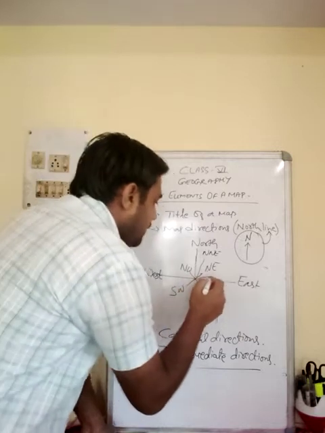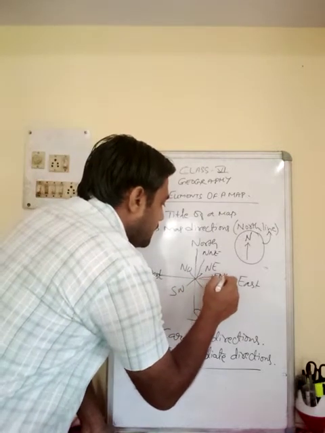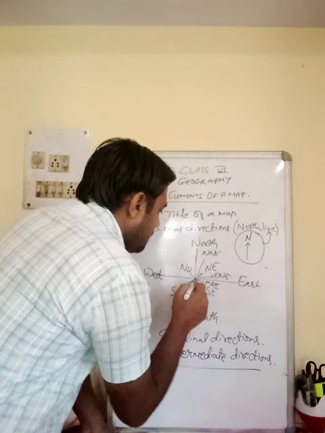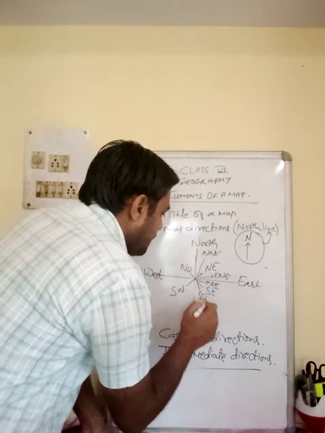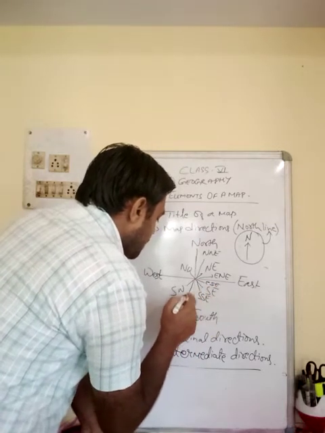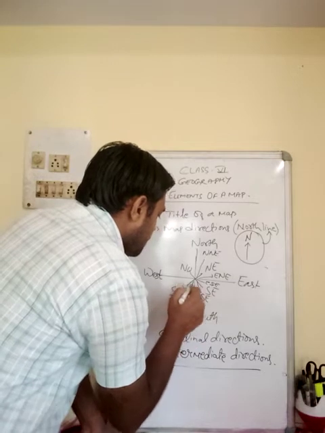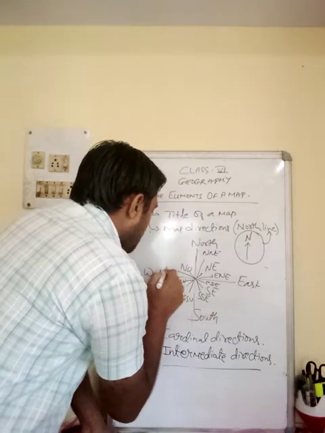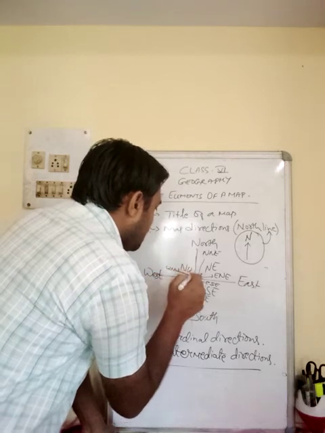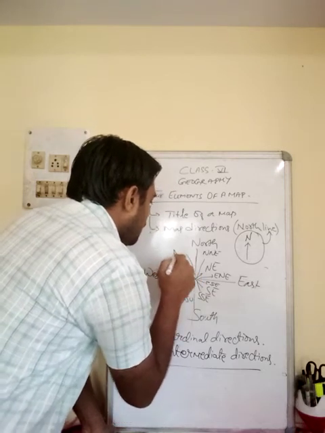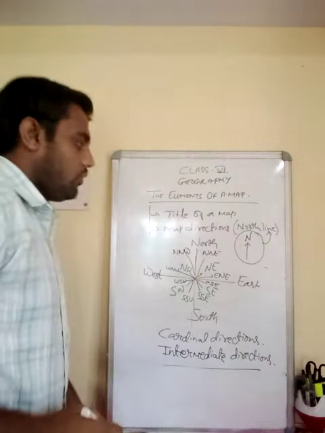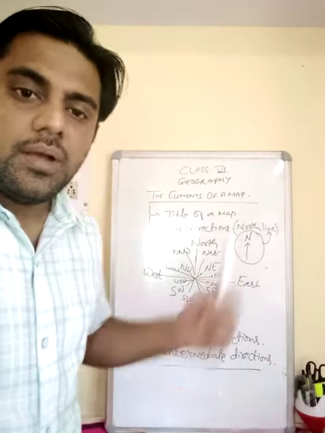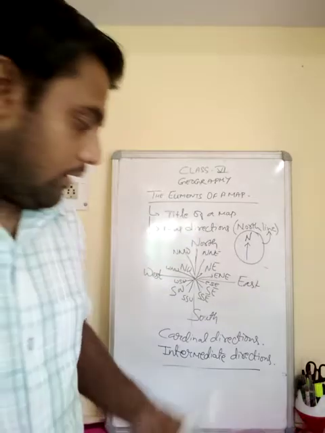Then you have east-northeast, east-southeast, south-southeast, south-southwest, west-southwest, west-northwest, and north-northwest. What I want to say is there are more intermediate directions, but you don't have to remember everything.